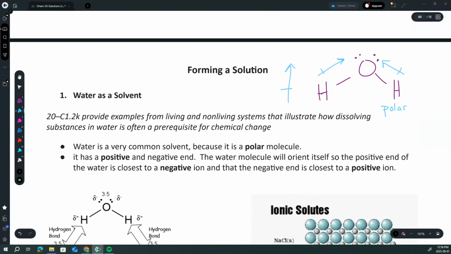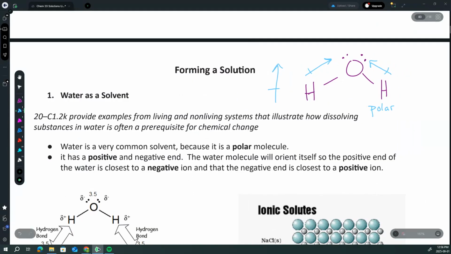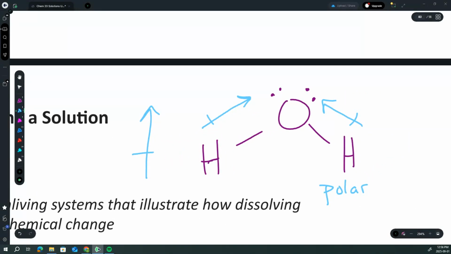When we're talking about water having a positive and a negative end, the negative end is where all the electrons are skewed towards, because electrons have a negative charge. I'm going to denote this with a little delta negative right here, to represent that the electrons are skewed towards the side with oxygen.